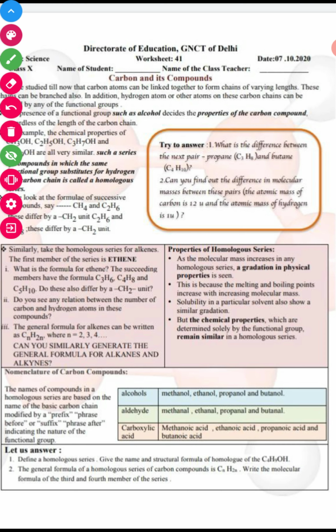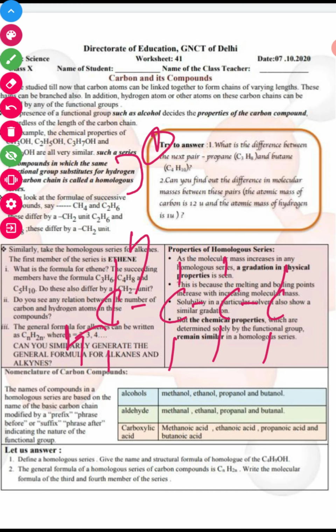See the question-answer part. Define the homologous series. You can easily answer the first question. Give the name and structural formula of the homologous series member C4H9OH.